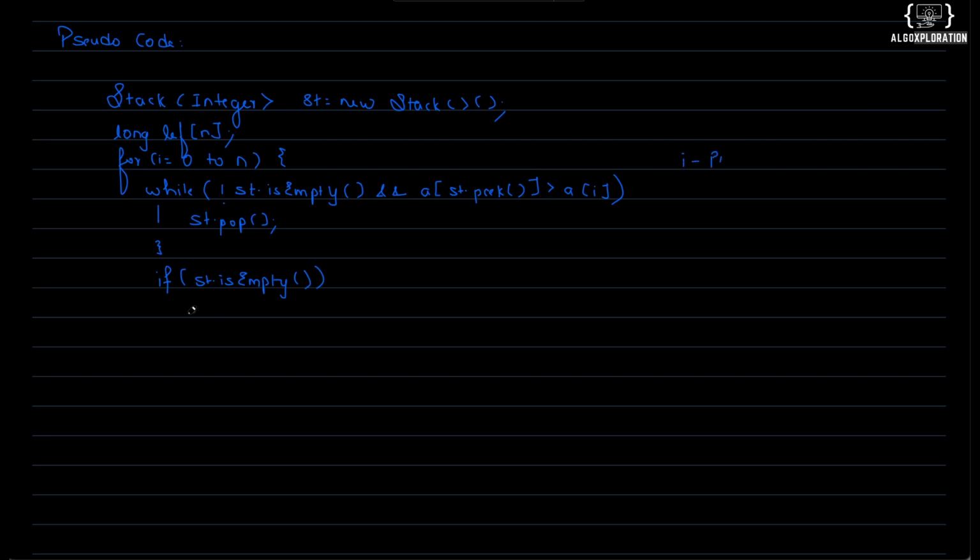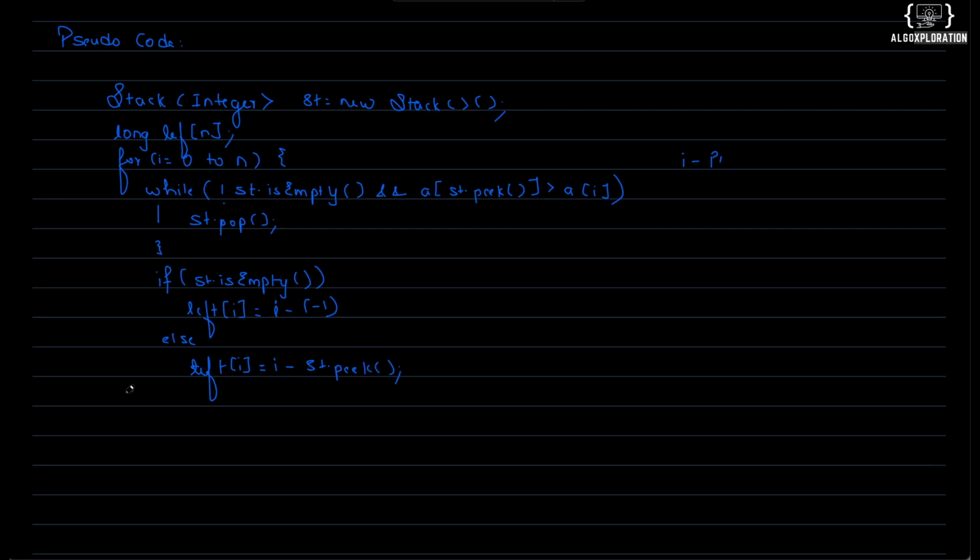Okay, so left of I equals to I minus p1. Over here, if the stack is empty, then I need to replace it with -1, and else left of I equals to I minus p1. Okay, I'm so sorry, p1 in the sense stack dot peek.